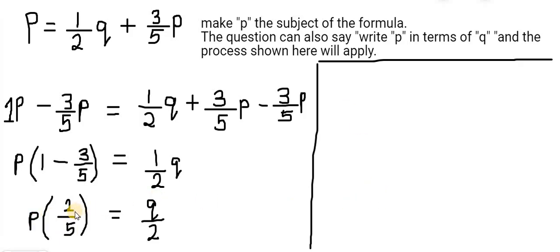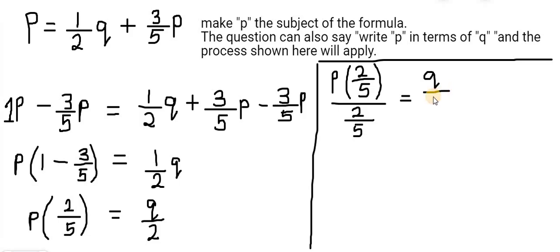P is connected to 2 over 5 by an invisible multiplication sign. So I've got to use the opposite or the inverse sign, which is a division, to get rid of 2 over 5 from around P. So I'm dividing by 2 over 5 on the left. And because I've done that to the left, I'm going to do that to the right. But I'm going to write it in a very different way. So q over 2 is going to be divided by 2 over 5, where I'm going to write it like this.